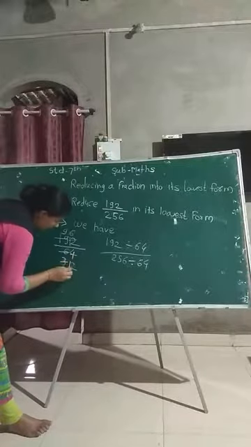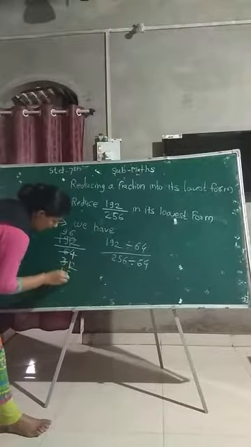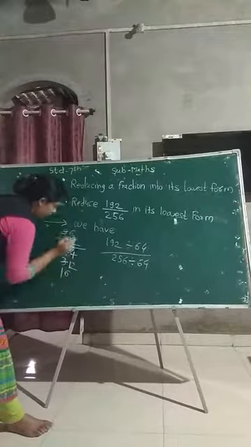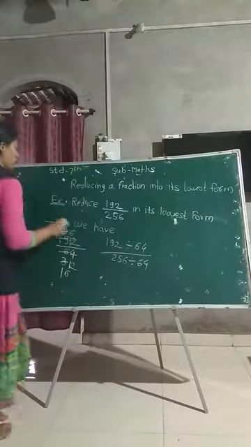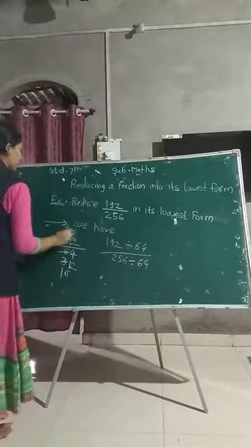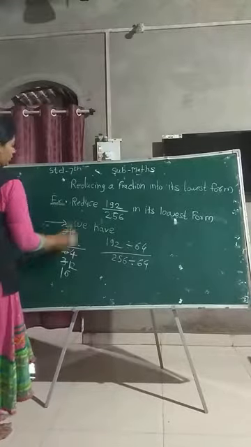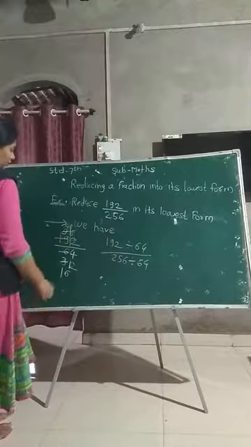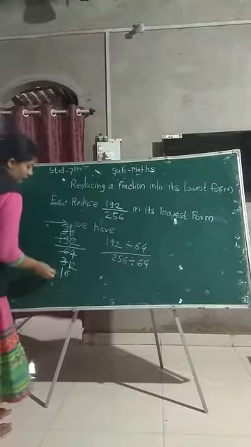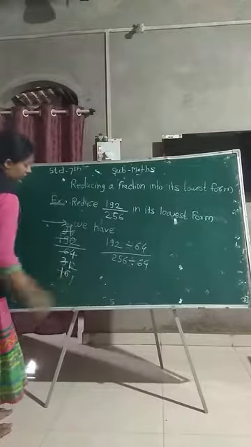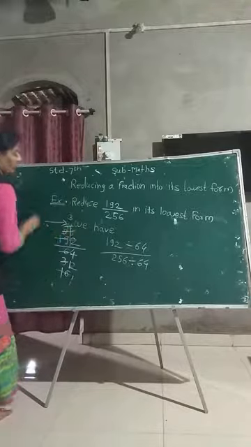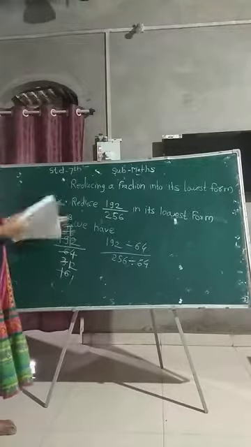So here is 12. 2 6s are 12. And here 2 4s are 8, 1 is remaining. 2 8s are 16. So 16 1s are 16, 16 3s are 48. So we get 3.